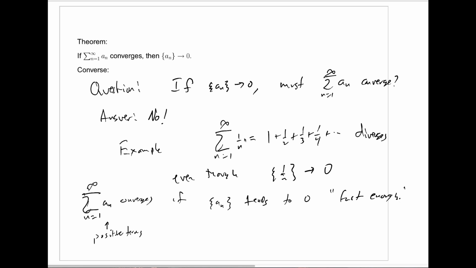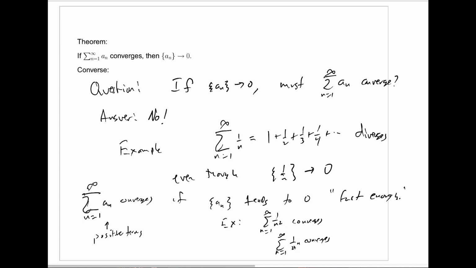Well, 1 over n tends to 0. That's not fast enough. We're going to see in the next section the sum of 1 over n squared converges. We've already seen the sum of 1 over 2 to the n and other geometric series whose common ratio is less than 1 converges. In both of these cases, the individual terms tend to 0.